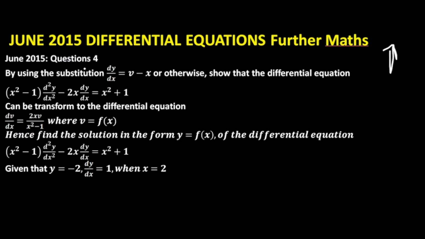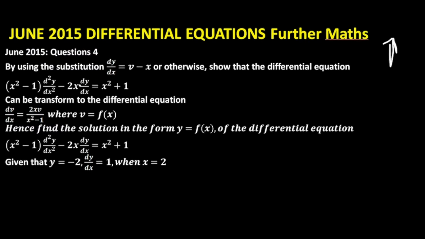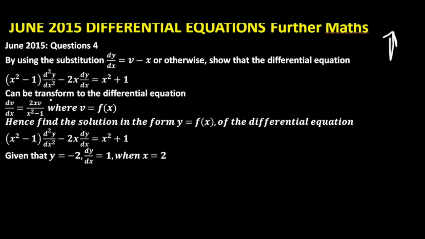We're going to be answering 2015 question 4 in this video, and if we look at the question, it says that we have been given dy over dx to be v minus x. So we are going to name this our equation 1.